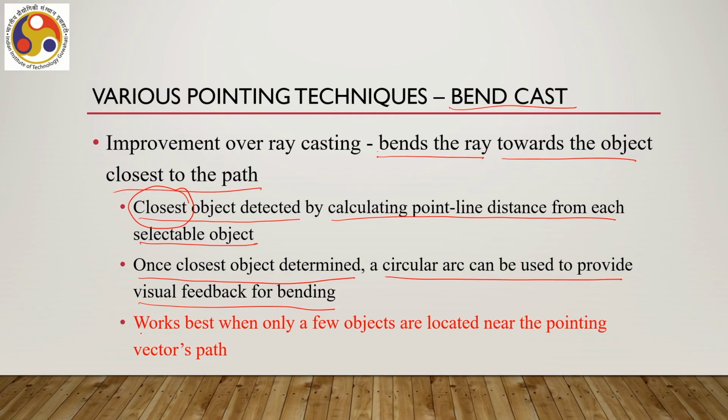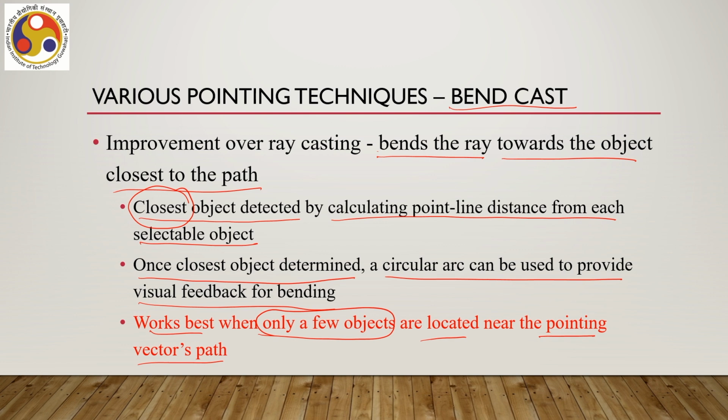So, this is one improvement, but this technique works best when only a few objects are located near the pointing vector's path, or the ray's path. If there are a large number of objects, then it is very difficult to cast the ray such that the object to be selected becomes closest.